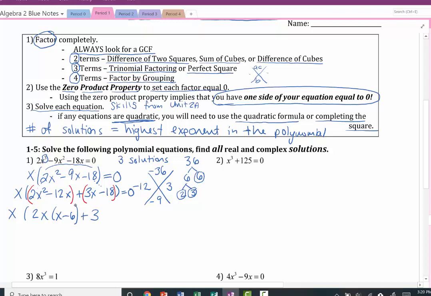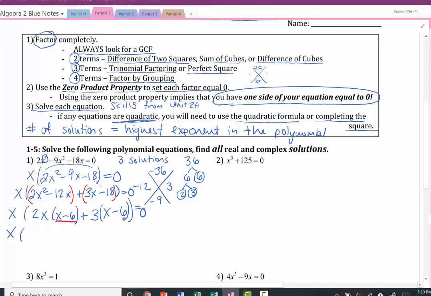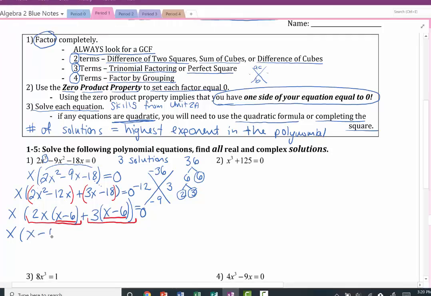So I had a GCF of 2x in the first group, a GCF of 3 in the second group. And then now my GCF is the common binomial factor of x minus 6, right? So I'm going to take an x minus 6 out of each of these groups, and I will be left with 2x plus 3.